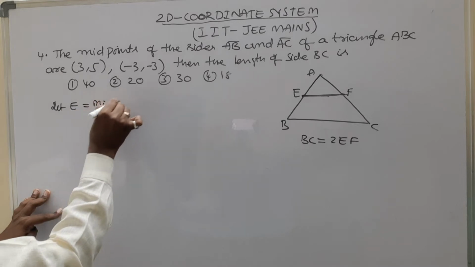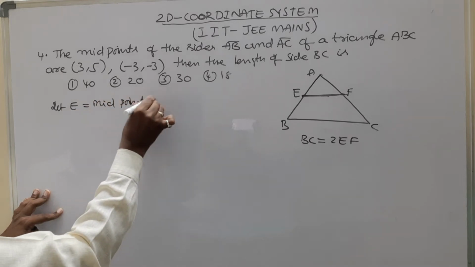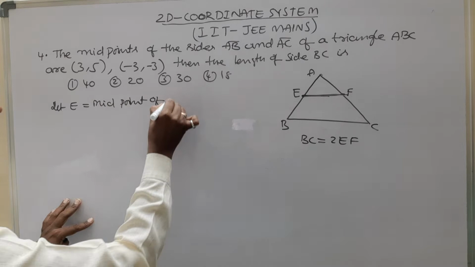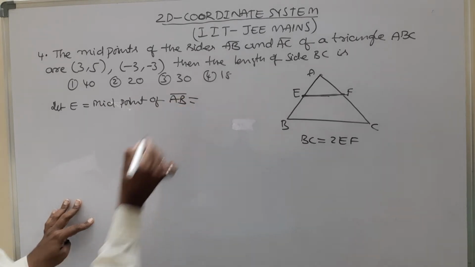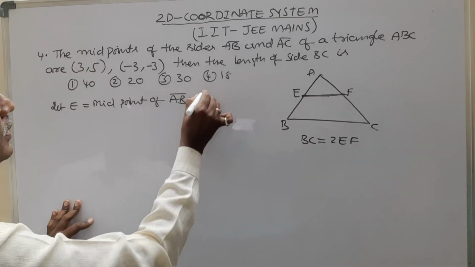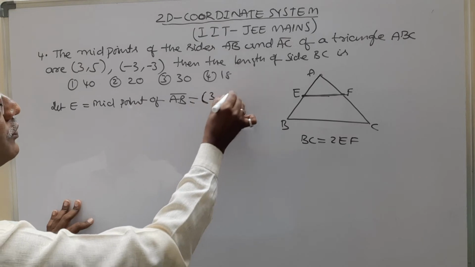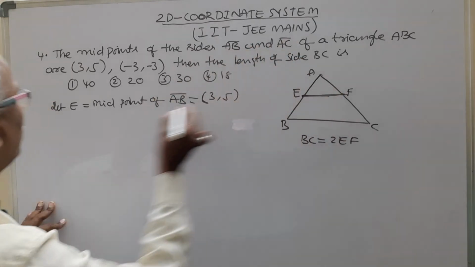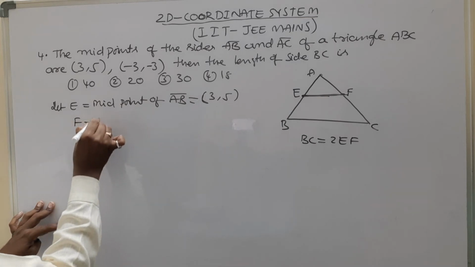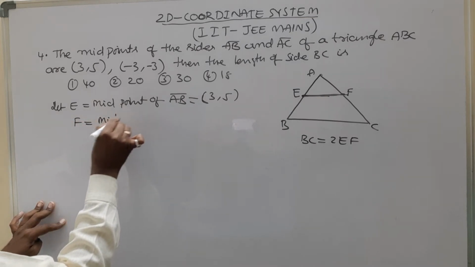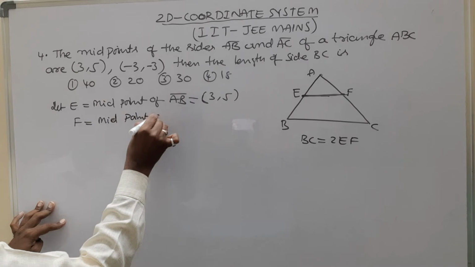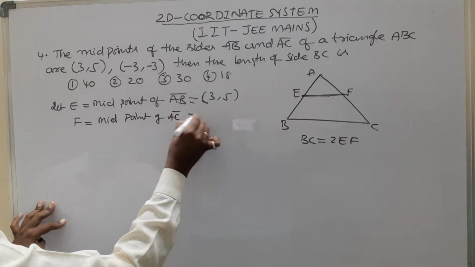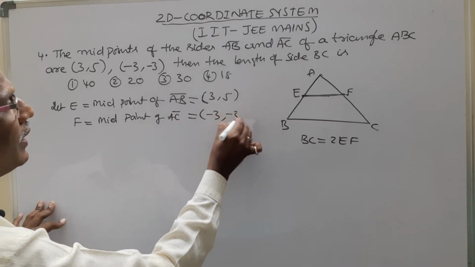E is the midpoint of AB, given as (3, 5) in the question. F is the midpoint of AC, which is (−3, −3).